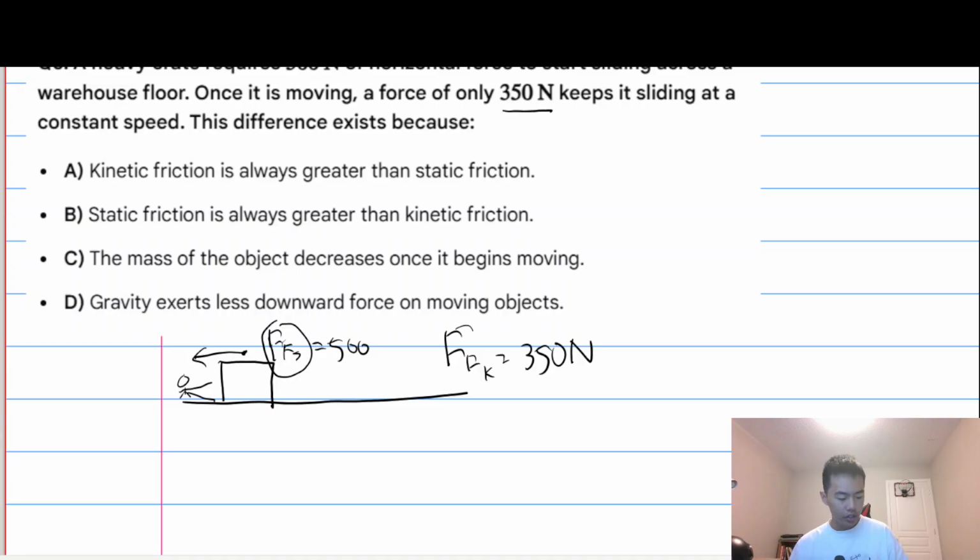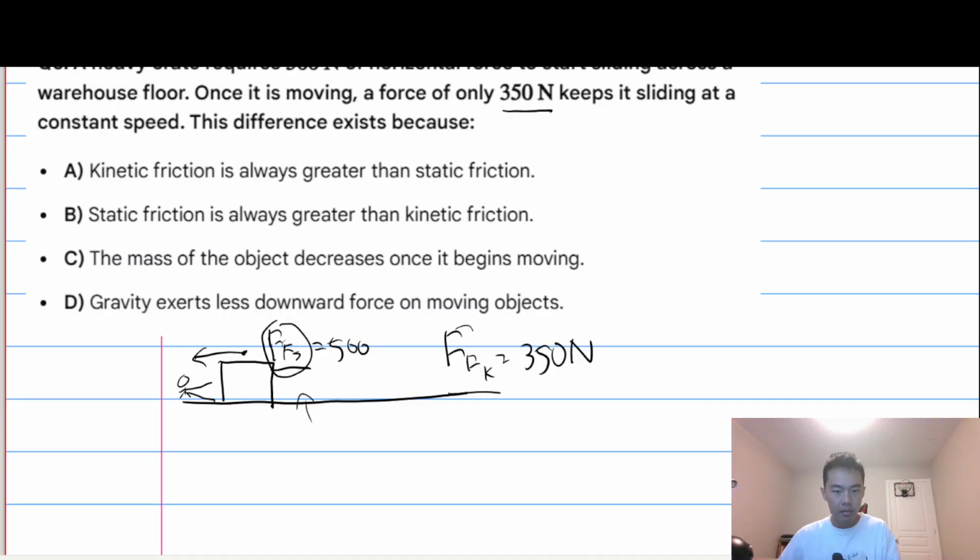And that's just something that happens. For example, if you're pushing a couch, it would take more energy to make it start moving than for you to keep it moving against the carpet or something. And this is the same idea. And this is because static frictional force is greater than kinetic force.